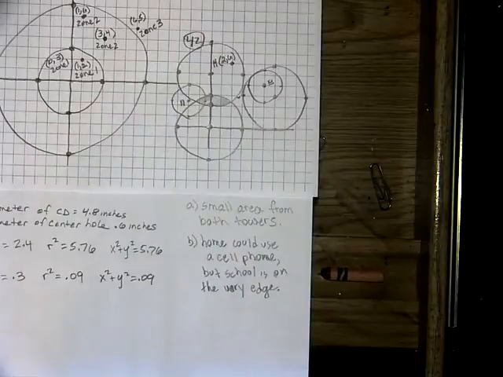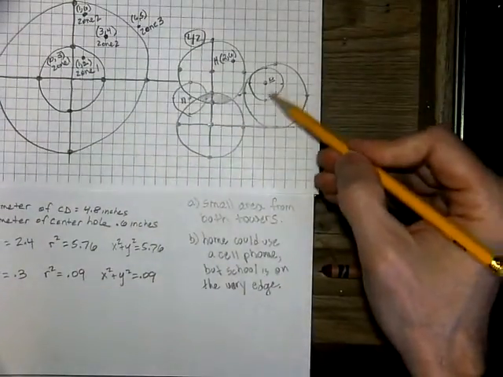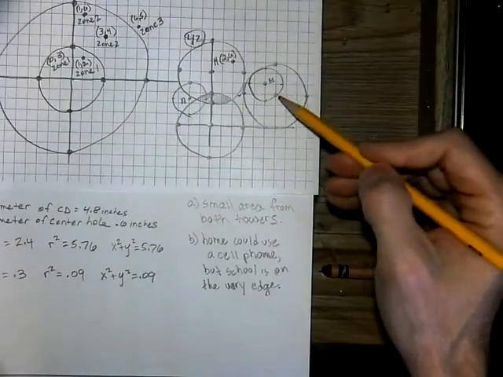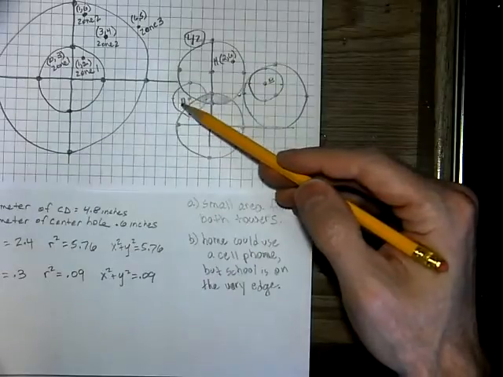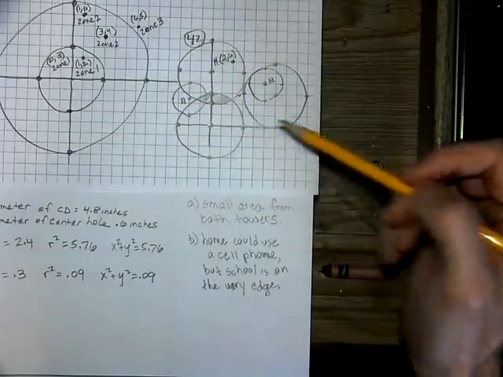Which city seems to have better cell phone coverage? Well, it looks like here city B is inside this circle, but city A has a lot of area that is outside the two cell phone coverages.